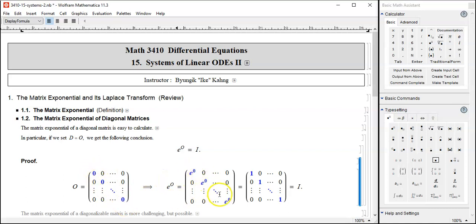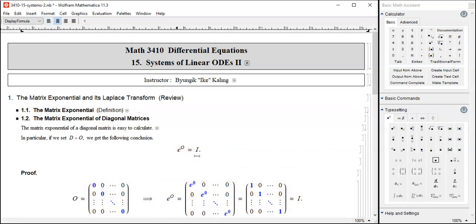So we have e to the 0 power, which is 1, on the principal diagonal, otherwise all 0. So what do we have? We have the identity matrix. So e to the 0 power is equal to the identity matrix. And this extends our real arithmetic rule: e to the 0 power equals 1.